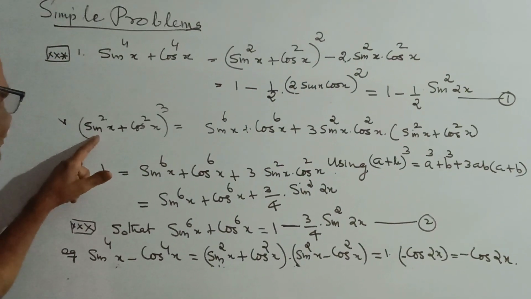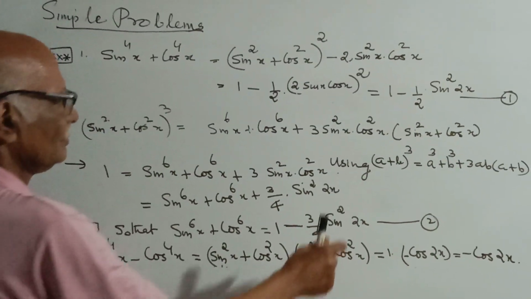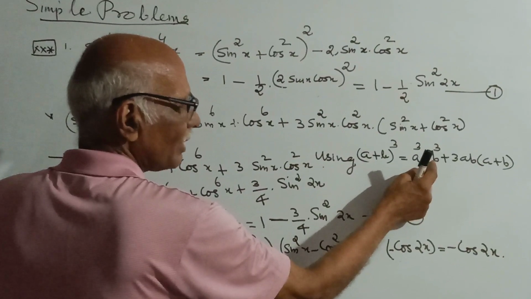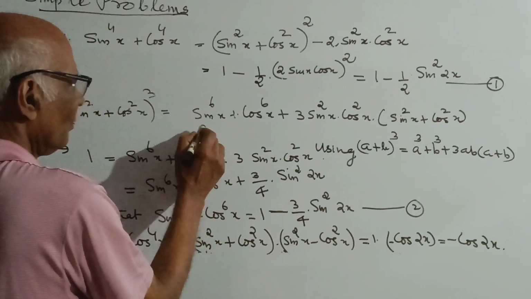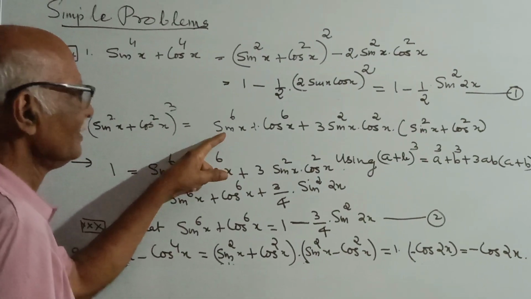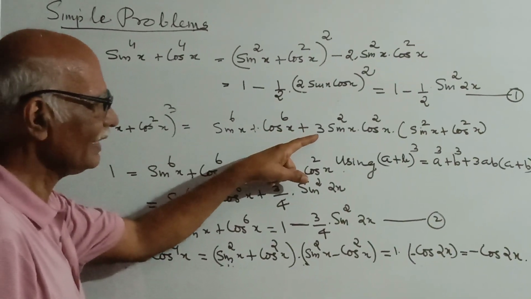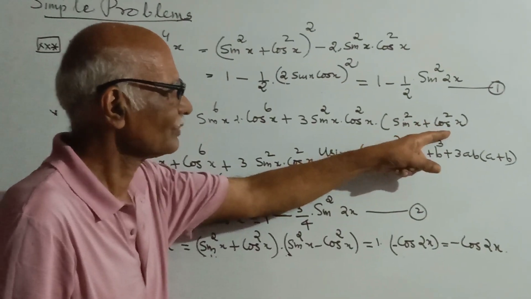Now consider sin squared x plus cos squared x the whole cube. It is something like a plus b the whole cube, a cube plus b cube plus 3ab into a plus b. Likewise, sin squared x plus cos squared x the whole cube will be sin raised to 6x plus cos raised to 6x plus 3 sin squared x cos squared x into sin squared x plus cos squared x.